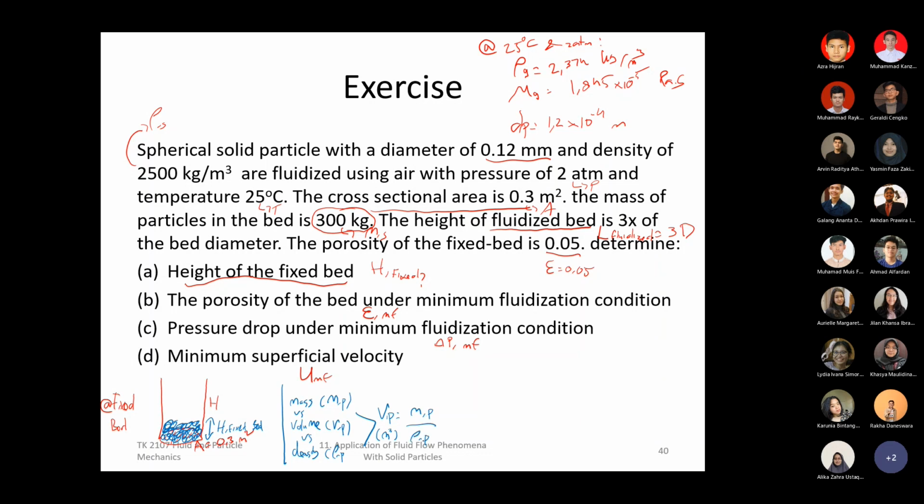Kilogram per kilogram, correct. So that gives you 300 kilogram divided by 2500 kilogram per cubic meter. Okay, so what's the number over here?